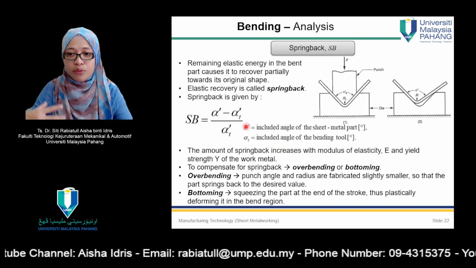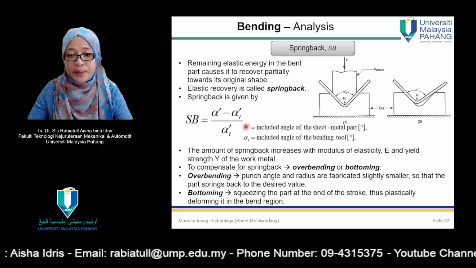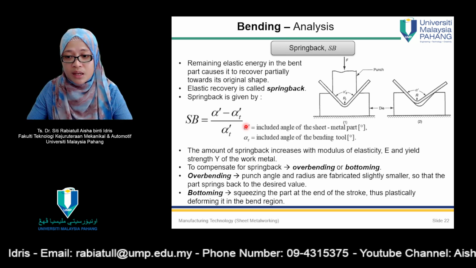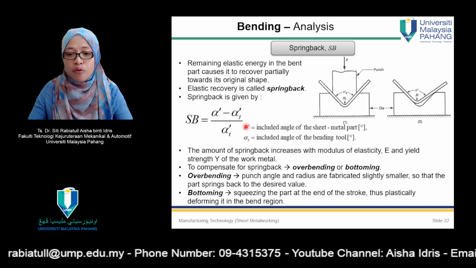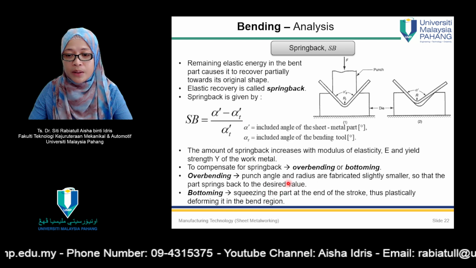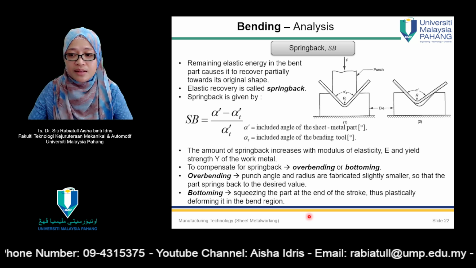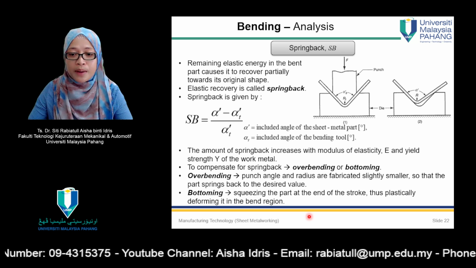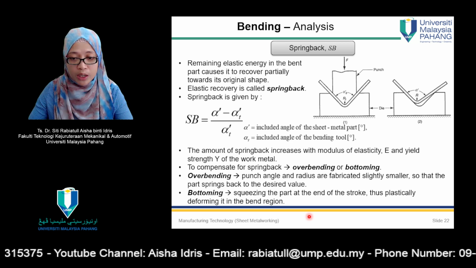So how can we overcome this spring back? In this case, we need to do overbending or bottoming. Overbending means that the punch angle and radius are fabricated slightly smaller so that the part springs back to the desired value.